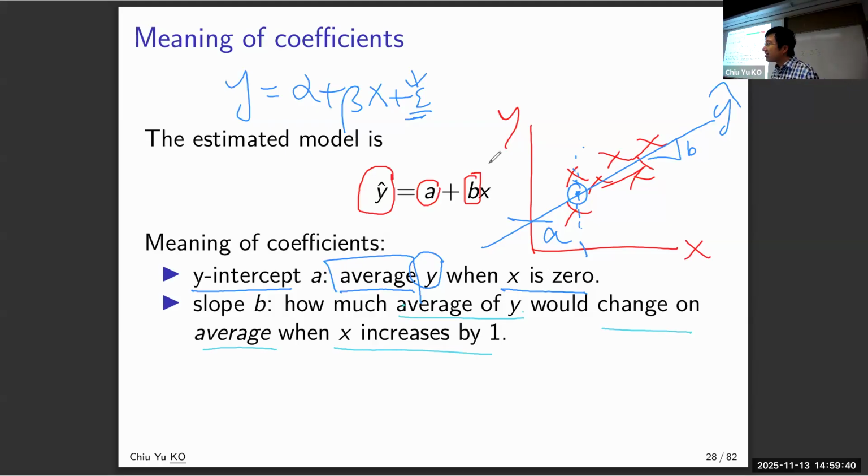That is a bit of a mouthful, but that is what it means. Because the line represents the average, there can be a lot of points around it. So if you increase x, y will increase on average.